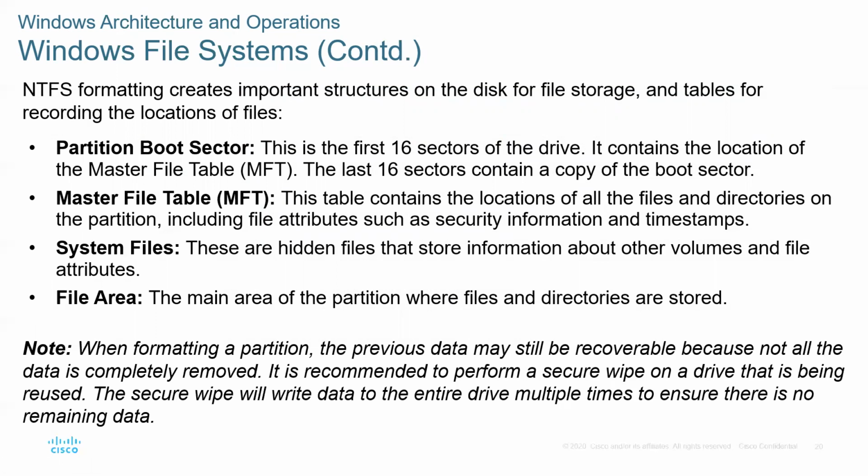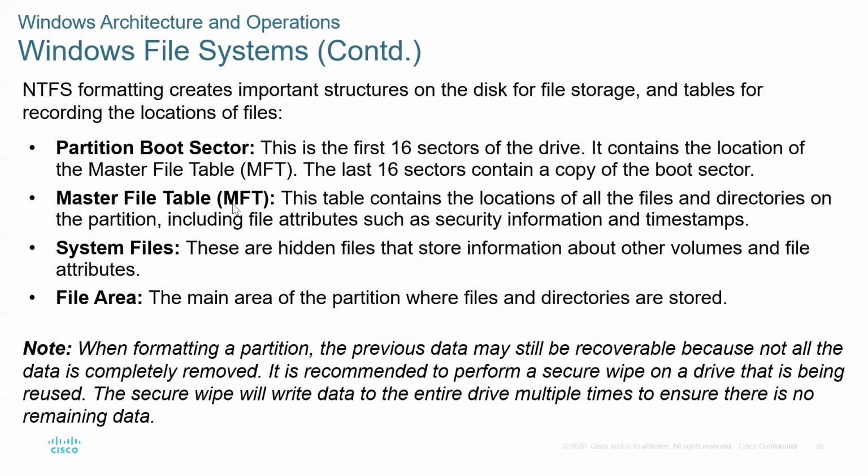The MFT, and again, this is pertinent to Windows file systems, so if you see MFT, we're talking about Windows. That table contains the locations of all the files and directories within the partition, including file attributes such as security information, whether it's hidden, and timestamps. That's all stored in this master file table.